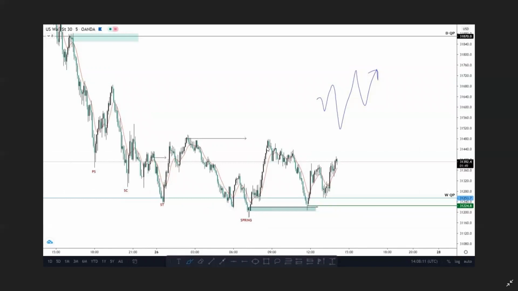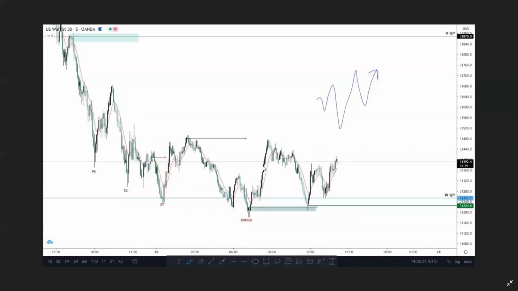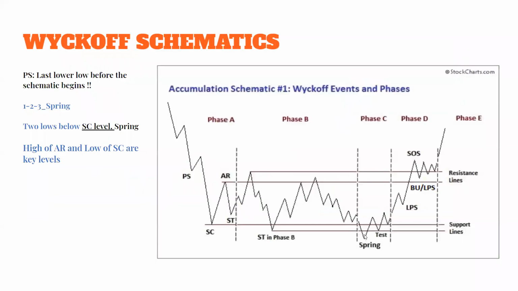But US 30, this is the previous high, but we made a lower high here. So that's why I primarily use the NASDAQ when looking at Wyckoff, because the US 30 tends to lag along with the SPX 500. And then as I got the spring, this would be my test. After the spring, price trades higher, we retrace to form the test, and then we start marking up or expanding.